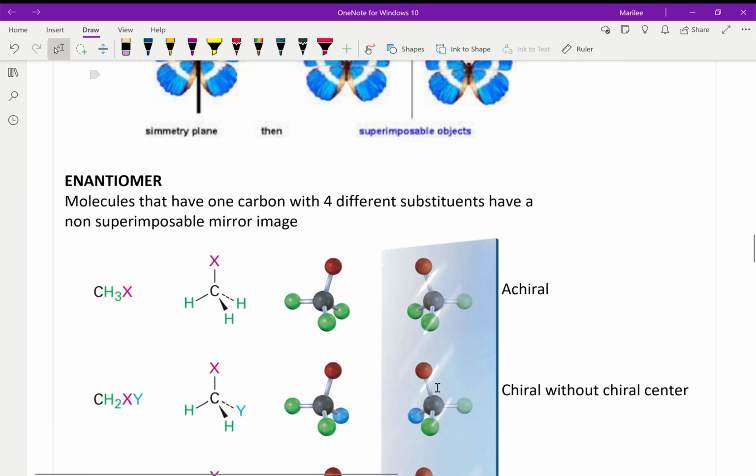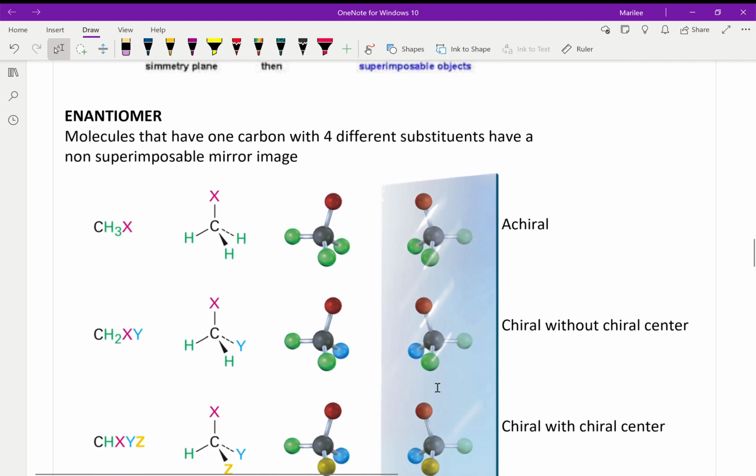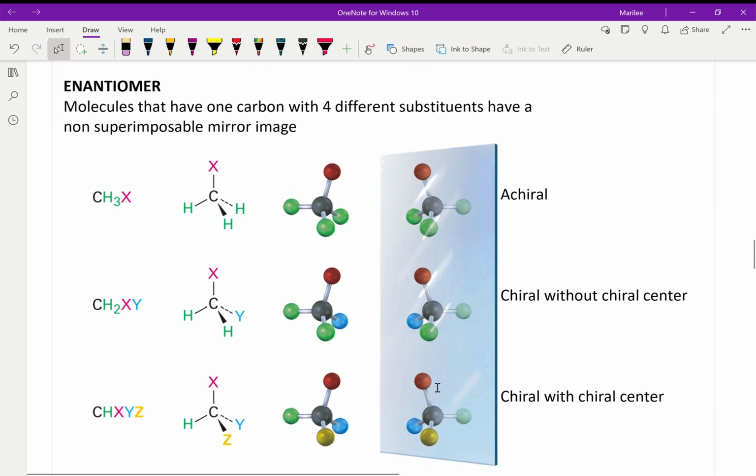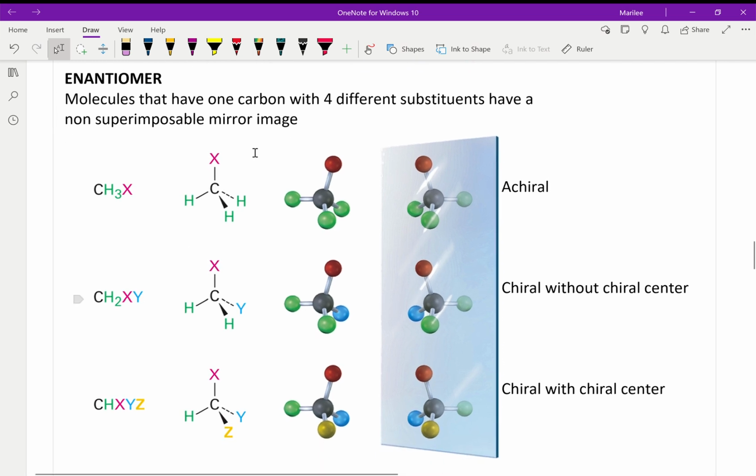Then we have enantiomers. Enantiomers are molecules that have one carbon with 4 different substituents, and they have non-superimposable mirror images. Let me go over these examples. We have our first example here.